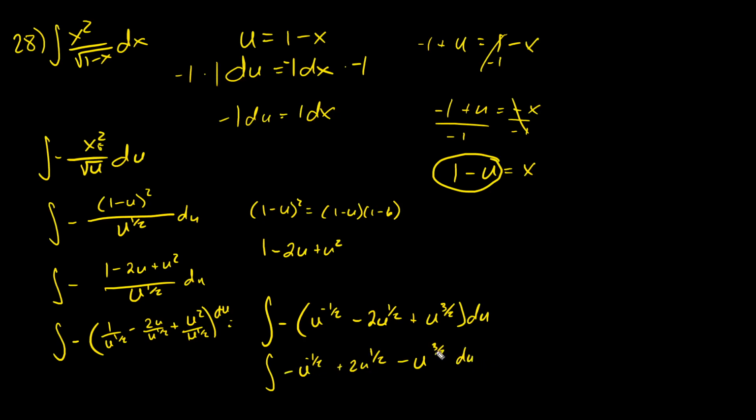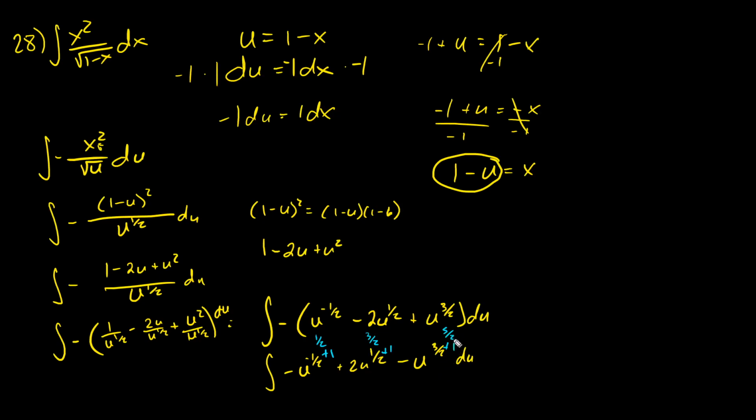So we take the antiderivative of them separately. We're going to add 1 to each exponent, which gives me 1/2, 3/2, and 5/2.